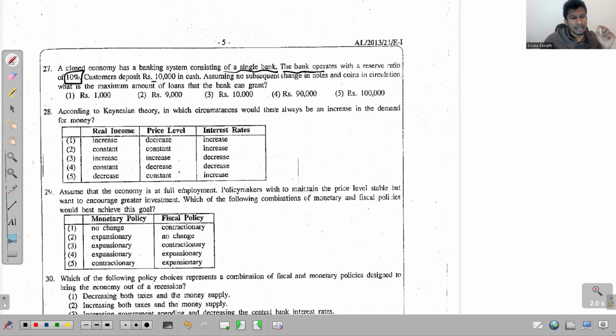Customers deposit rupees 10,000 in cash, assuming no subsequent change in notes and coins in circulation. What's the maximum amount of loans that this bank can grant?